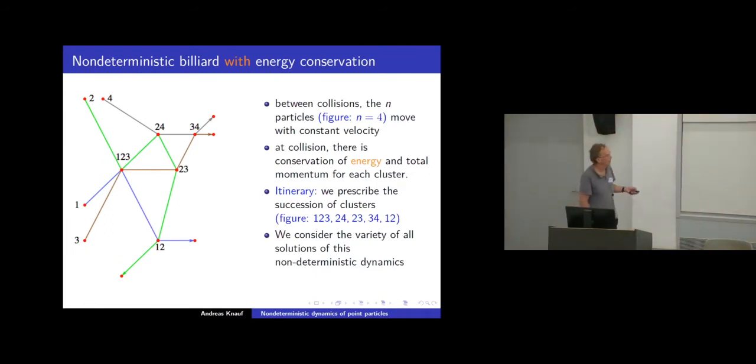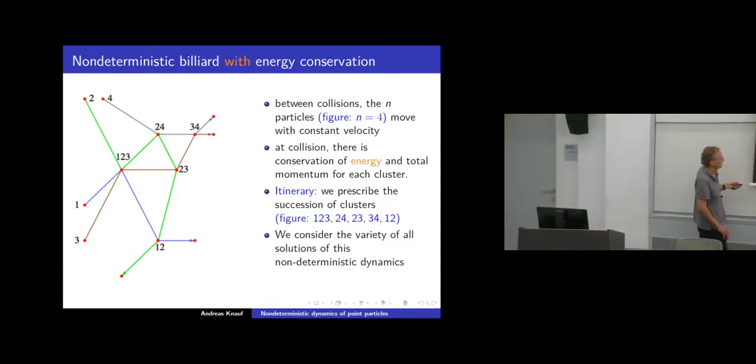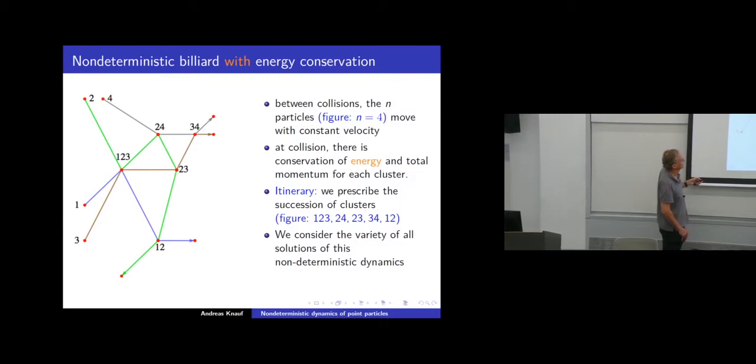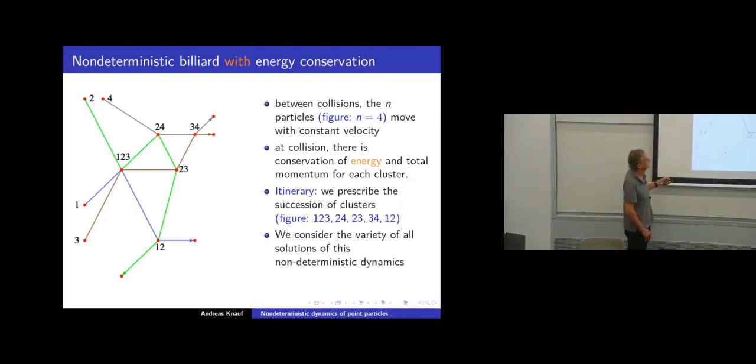First of all, we want to model the left-hand side, of course. Between collisions, these billiards move with constant velocity. At collisions, the total energy should be conserved, the total energy of 1 and 2. You see here the numbers of the particles colliding, and also the total momentum of this cluster composed of 1 and 2 should be preserved.